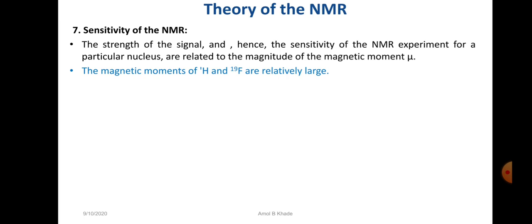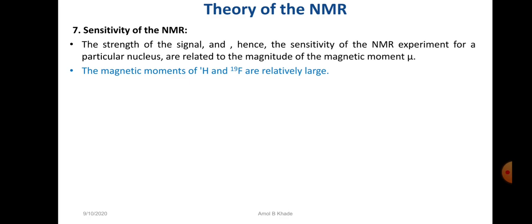The magnetic moments of the proton, H1, and fluorine-19 are relatively large, and that makes proton and fluorine-19 NMR spectroscopy widely used to interpret the structure of compounds. But most molecules do not have a fluorine atom in their structure, which makes it less useful for a particular set of compounds.